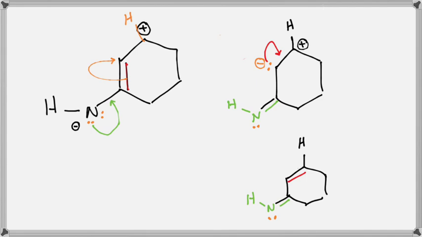What happens to the negative carbon? Becomes neutral. It has shared electrons with that other carbon, making the new pi bond. What happens to the positive carbon? It is also neutral because it has gained electrons in the process of making that pi bond.